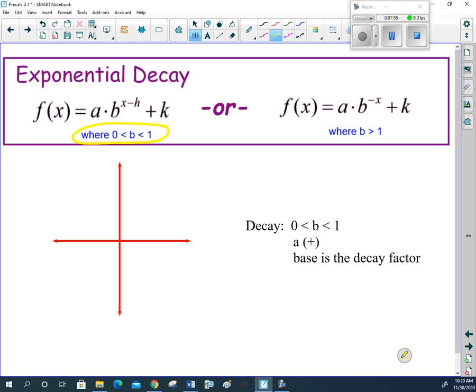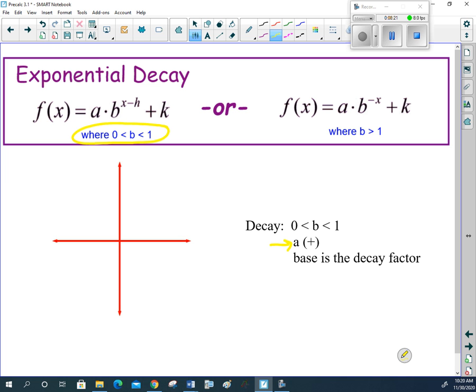So basically your base is something like 0.5 or 0.75 or 0.6, whatever. It's between 0 and 1. And that's also true down here, highlighting when a is positive. When a is negative, we have something totally different happening, because remember, if a is negative, it's going to reflect your graph. So this is not reflecting up and down at all.